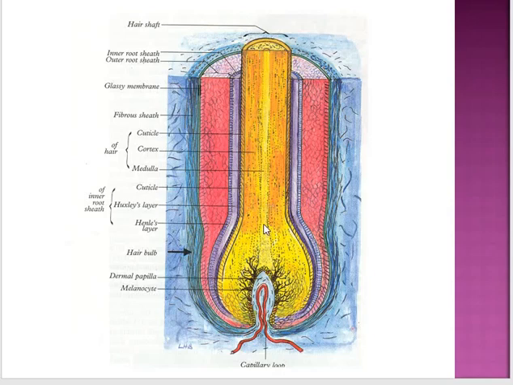These cells of the cortex manufacture and accumulate keratin filaments that become embedded in a matrix of trichohyalin, a substance similar to the keratohyalin of the stratum granulosum in the epidermis, and form the hard keratin that is characteristic of the hair shaft. So it is unlike the soft keratin that is present in the epidermis.